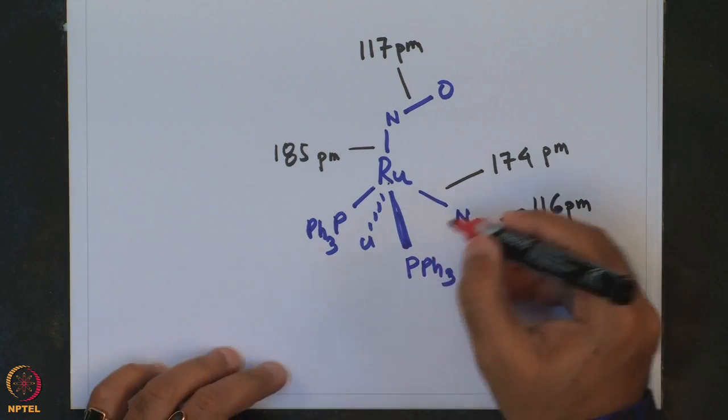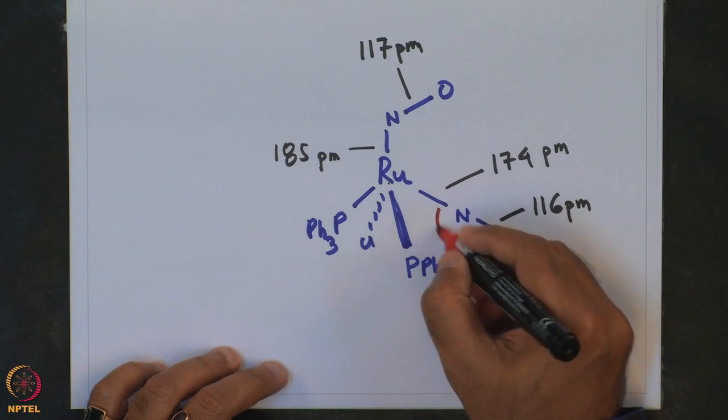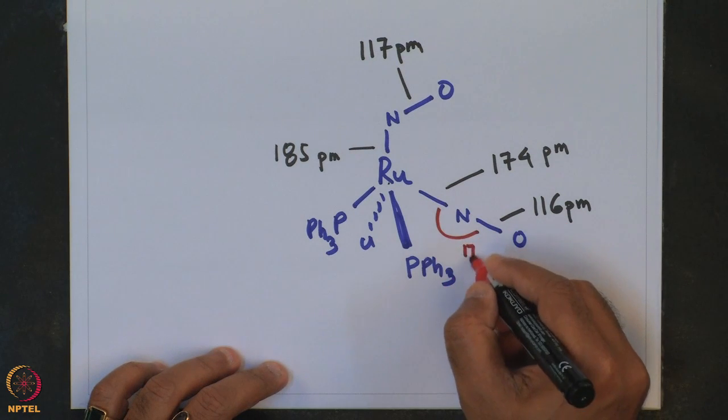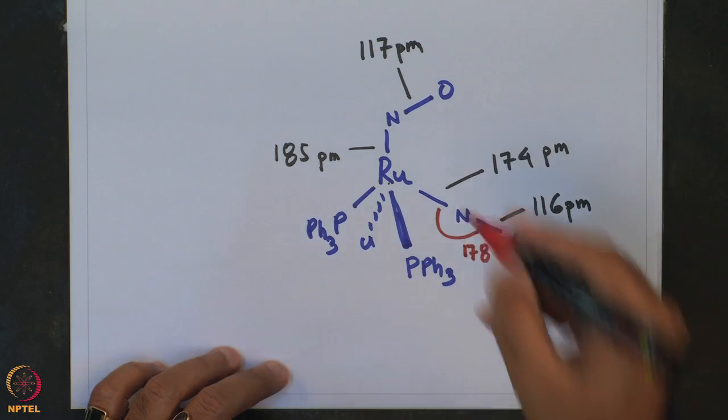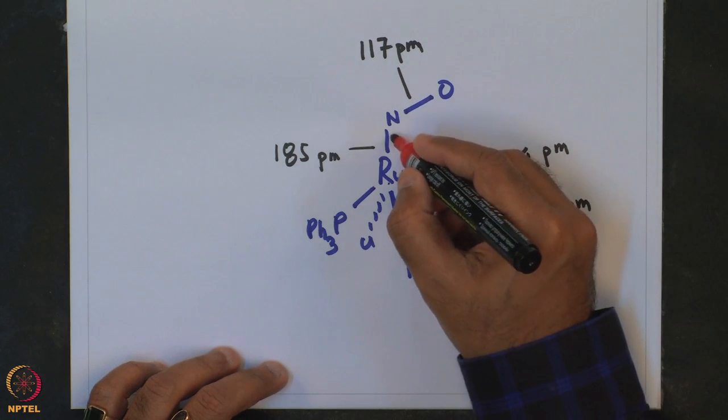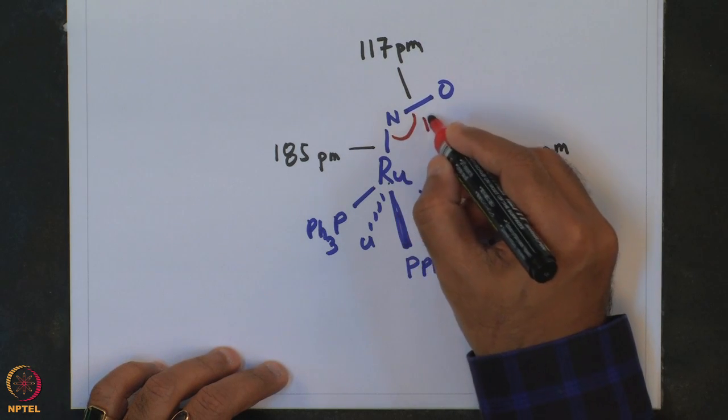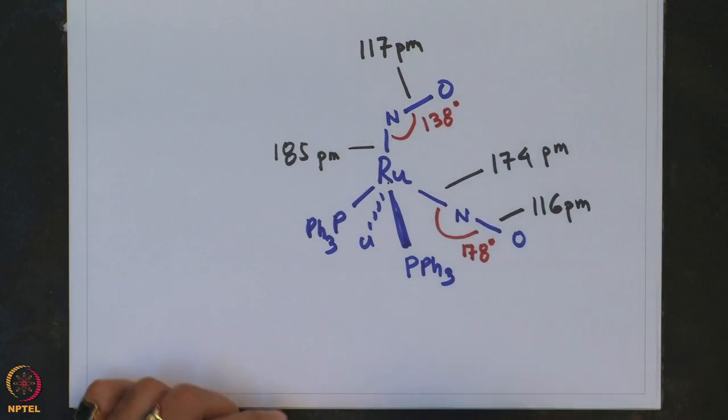This ruthenium nitrogen oxygen angle is 178 degrees, whereas in the bent one it is 138 degrees.